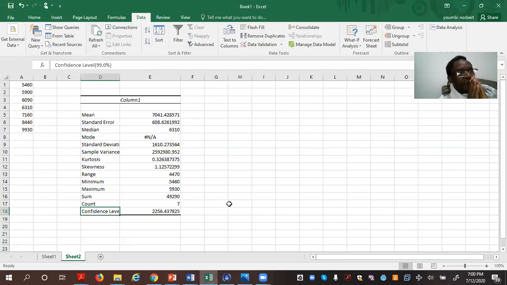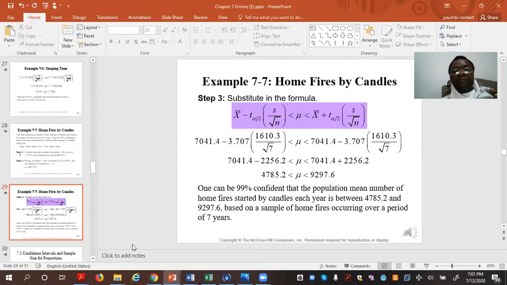To find the confidence interval, what you need essentially is the margin of error E. Do you remember that that's what we are really computing? Maybe you lost track. Let me get back to PowerPoint. You have your result there.